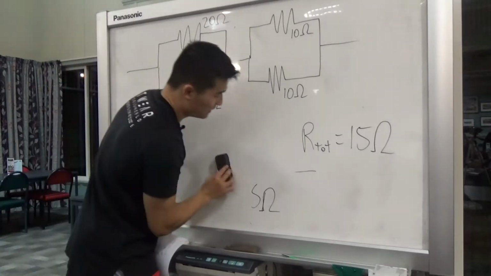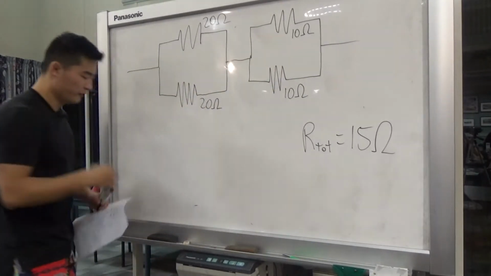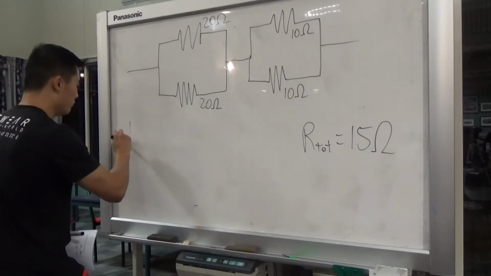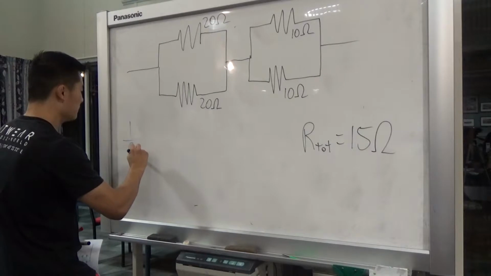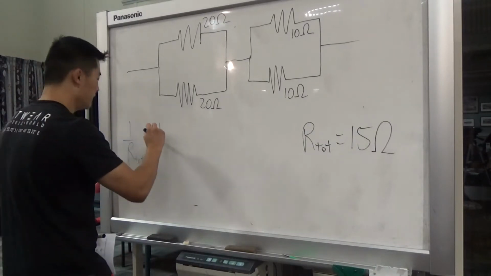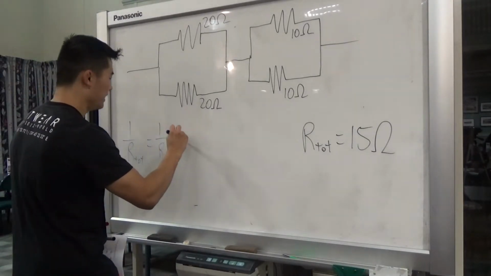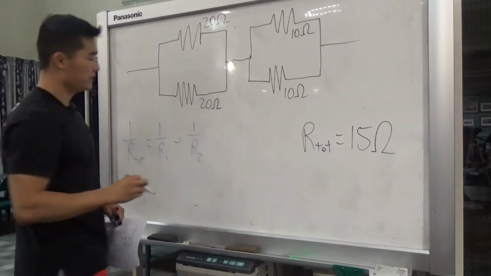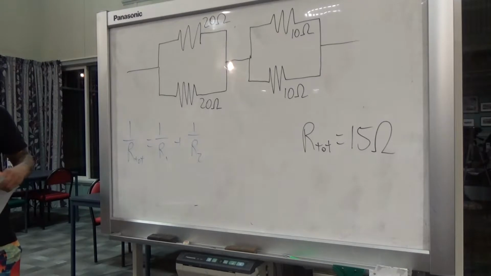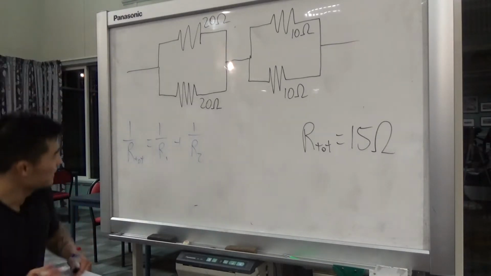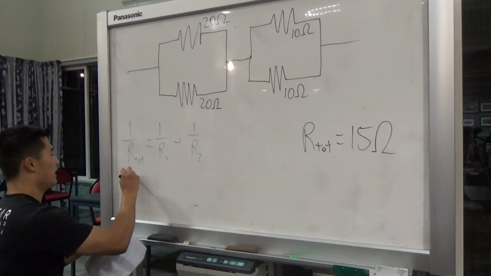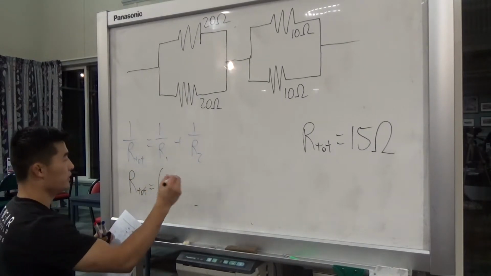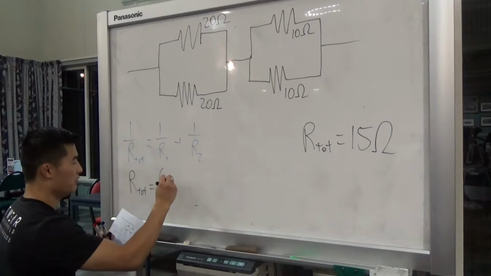But normally, you can prove this by going 1 over R total is equal to 1 over R1 plus 1 over R2, right? But I like to write this as R total is equal to R1 to the negative 1.